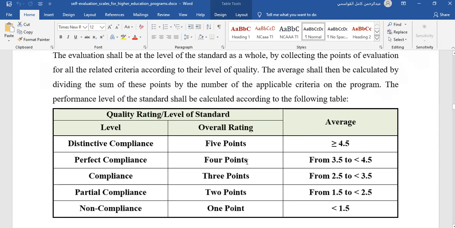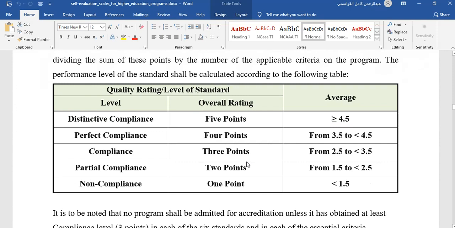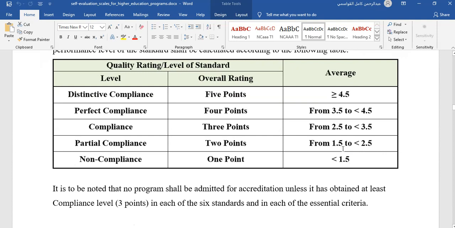If the average is between 3.5 and 4.5, it means you have the overall rating of 4 points, perfect compliance. 2.5 to 3.5, 3 points, compliance, and from 1.5 to 2.5, 2 points, partial compliance, less than 1.5, 1 point, non-compliance.